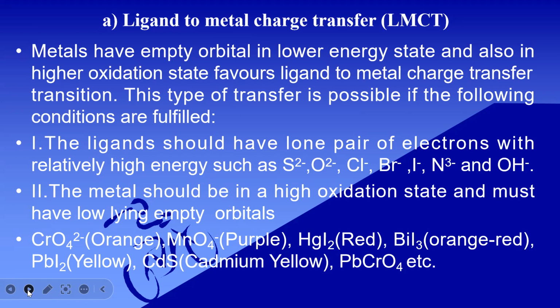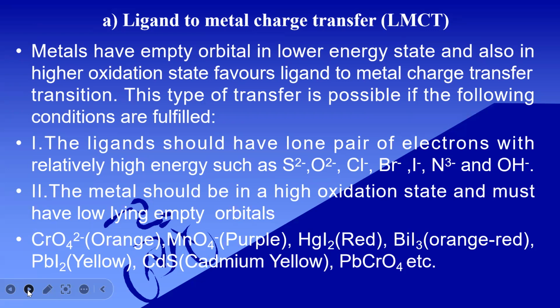The first condition is the ligand should have lone pairs of electrons with relatively low energy and possess high energy transition, such as S2-, O2-, Cl-, Br-, I-, N3-, and OH-.